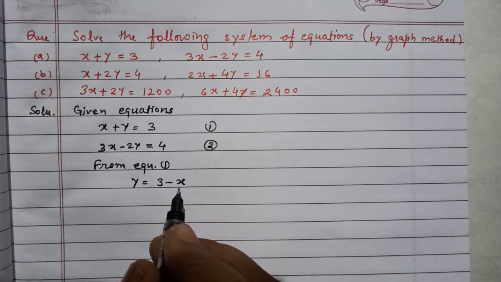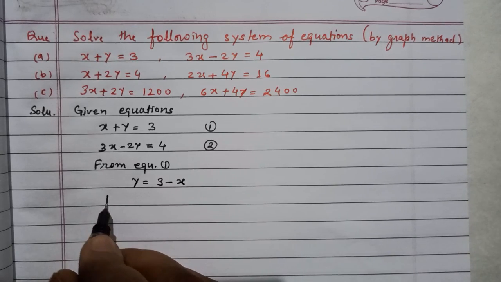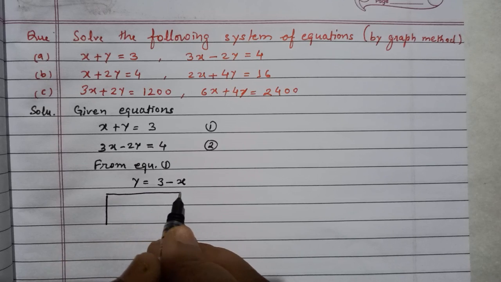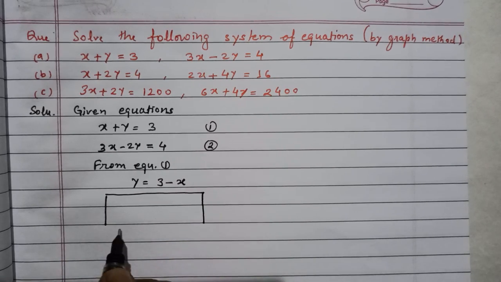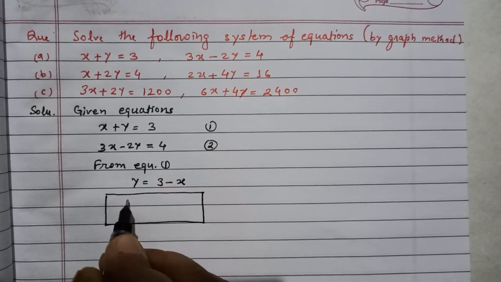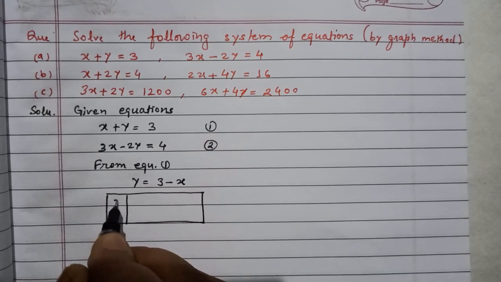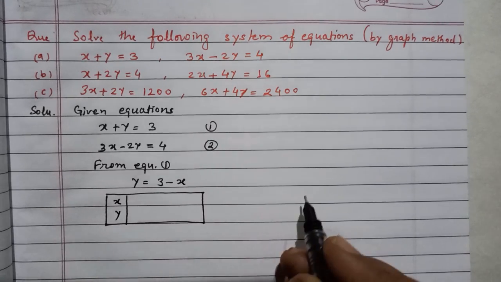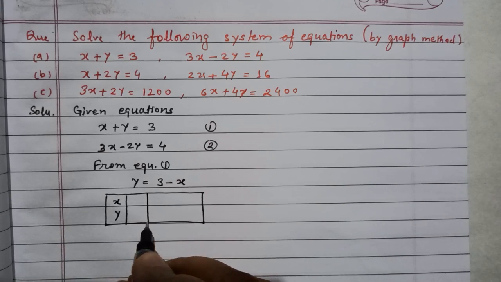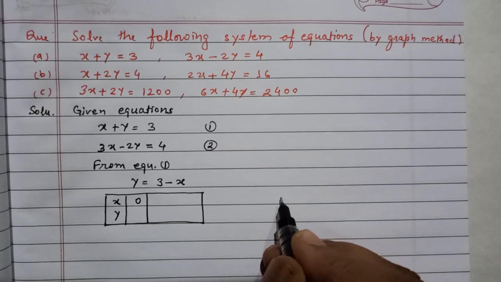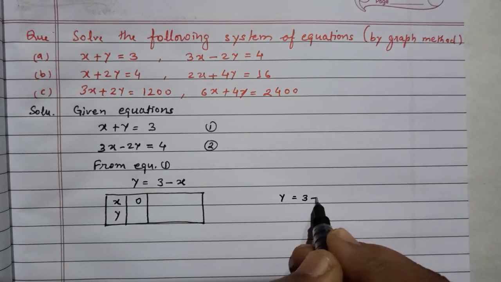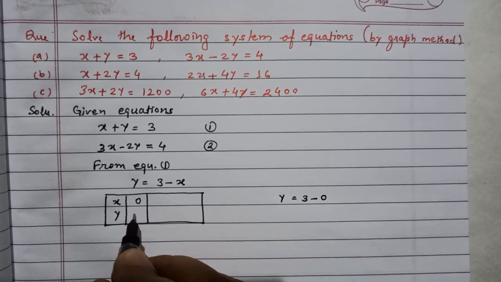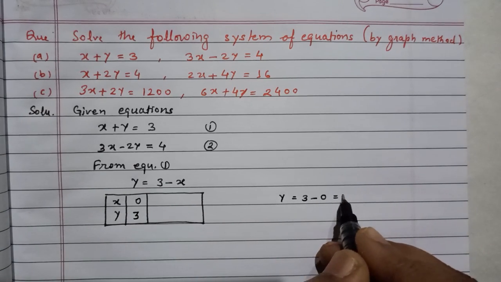Now for different values of x, we find different values of y and write them in the table. If x equals 0, y is equal to 3 minus 0, which is 3.